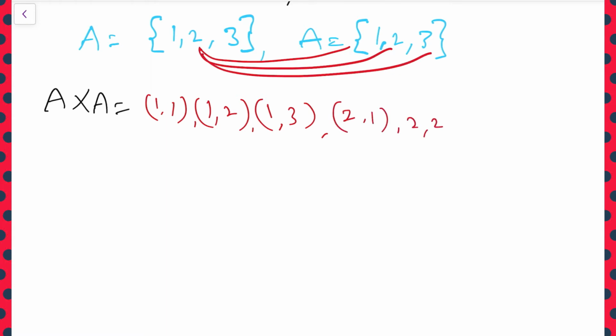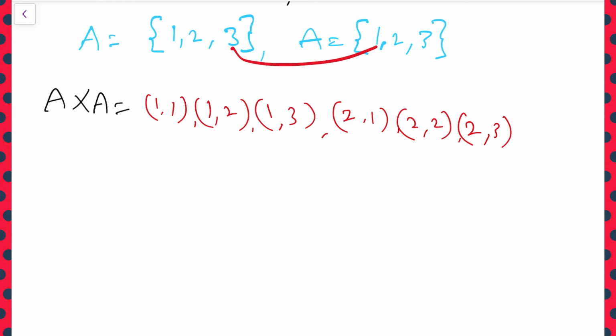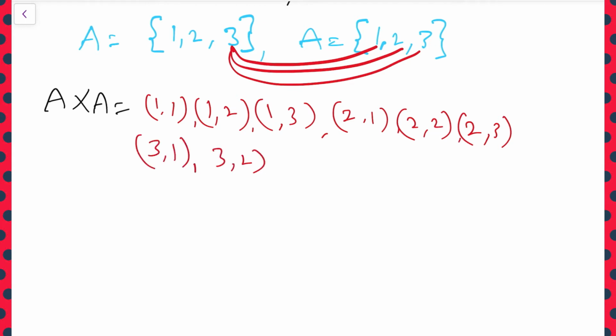Next, (3, 1), (3, 2), (3, 3). This is the Cartesian product of set A to set A only, A cross A. Then he is asking B cross B also. Let us check it out once. B cross B.